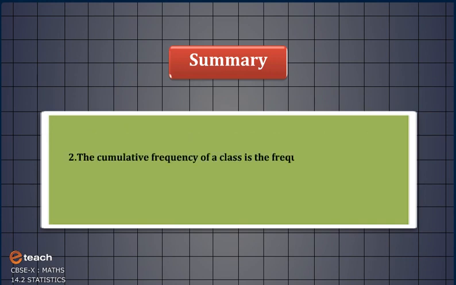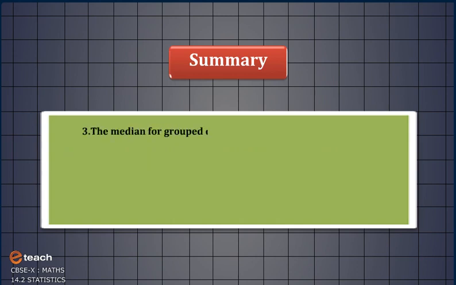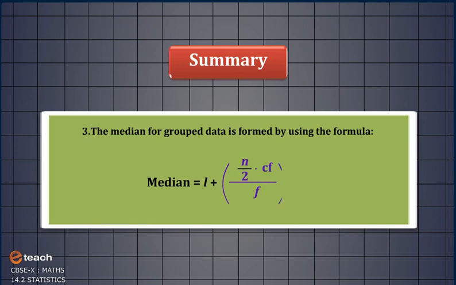The cumulative frequency of a class is the frequency obtained by adding the frequencies of all the classes preceding the given class. 3. The median for group data is found by using the formula median is equal to L plus, whole bracket, n by 2 minus CF divided by F, into H.